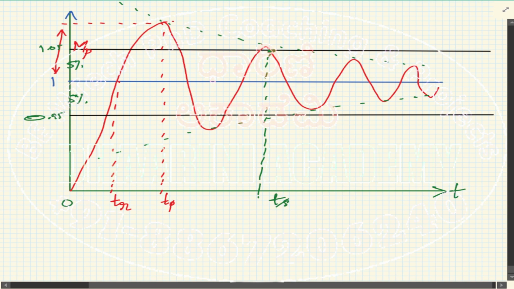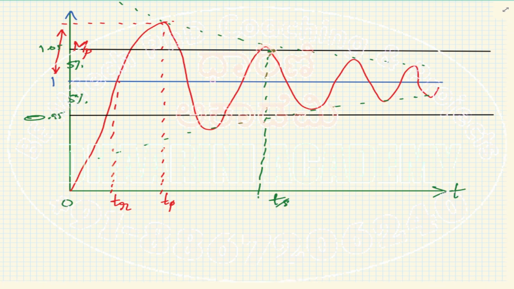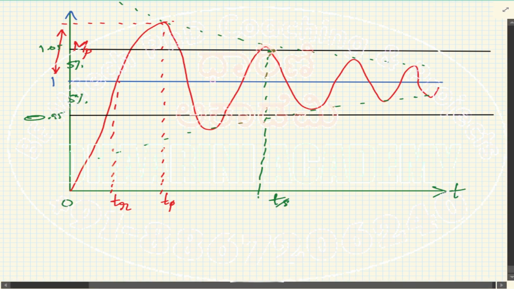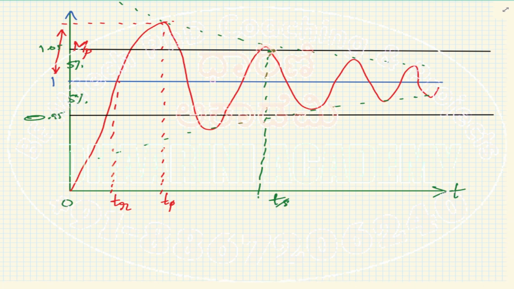The time taken for the system's response to enter and stay well within the tolerance band is called the settling time.